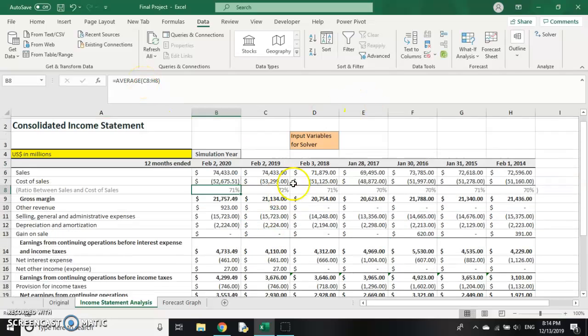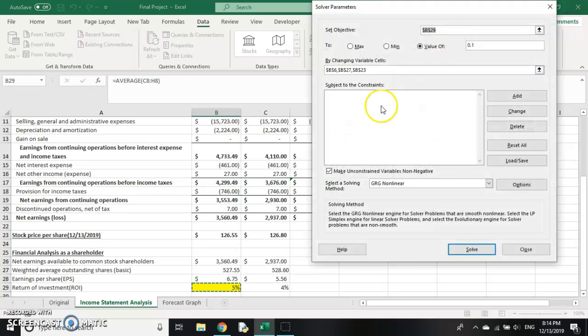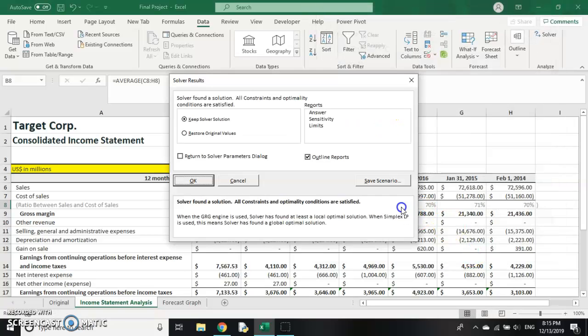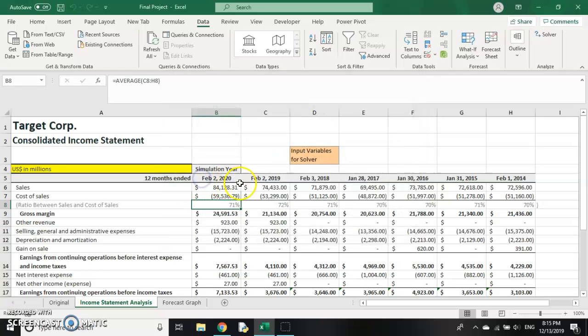Then we can start using Solver. Set the objective, return on investment, to a value of 10%, 0.1. Changing sales, stock price, and weighted average outstanding shares. I click on Solve. We found solutions. Click OK.